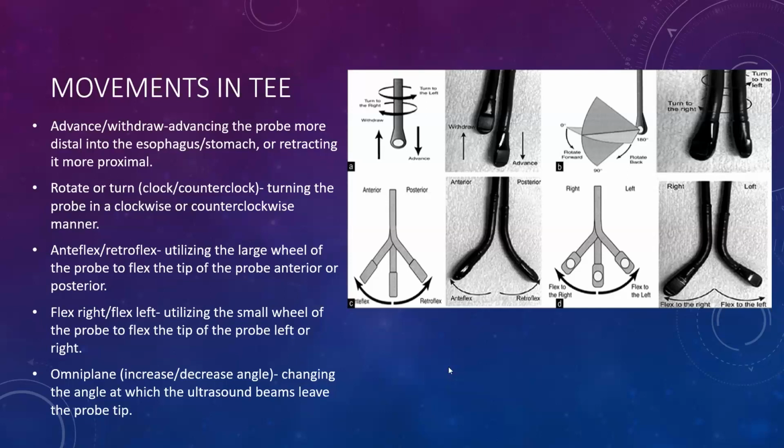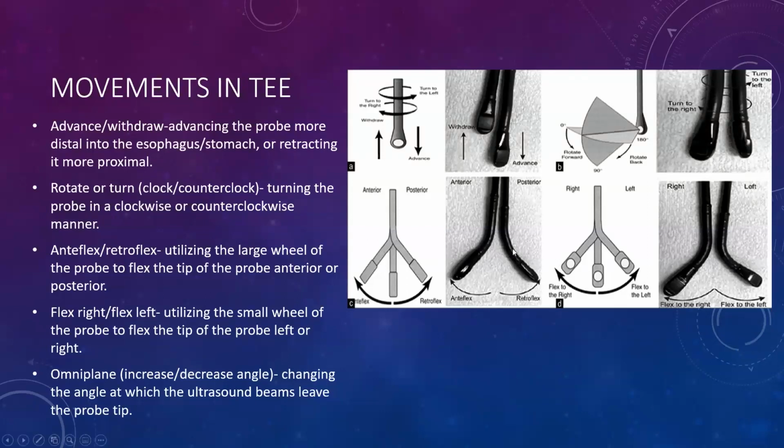The large wheel will provide antiflexion, which obviously flexes the probe tip in an antegrade manner, and then retroflexion in a retrograde manner. There's also a small wheel that allows a small degree of flexing to the left and right. This is mostly useful for obtaining the deep transgastric view.